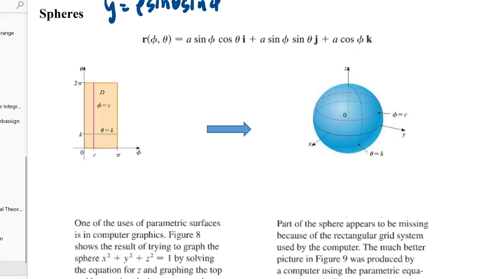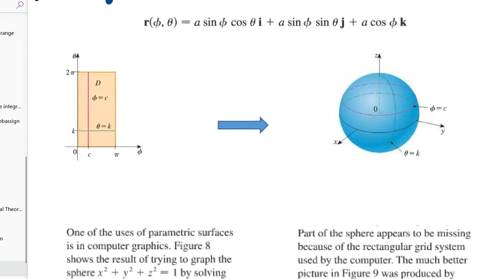All right. Now the rectangle grid lines, so the constant lines for the rectangle. Notice the rectangle is phi and theta, as it's the rectangle in the phi theta axis.